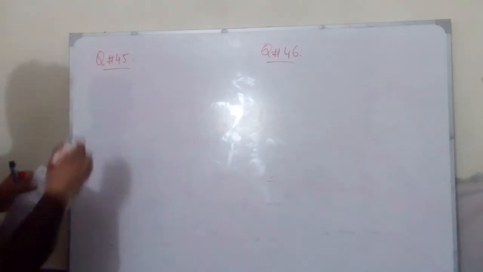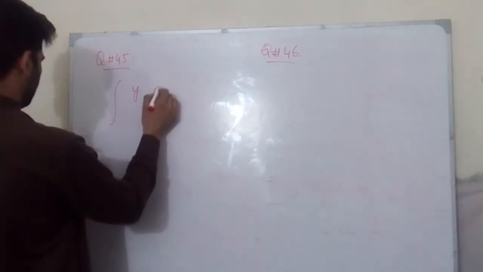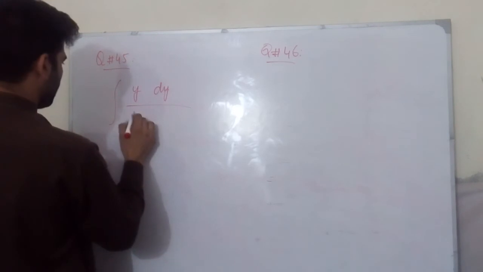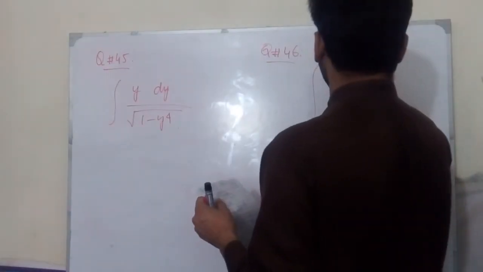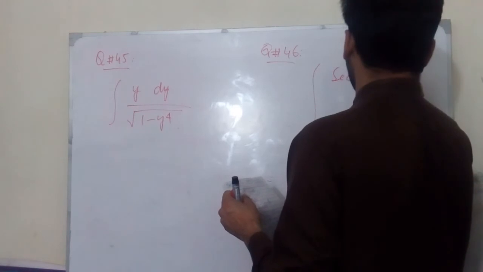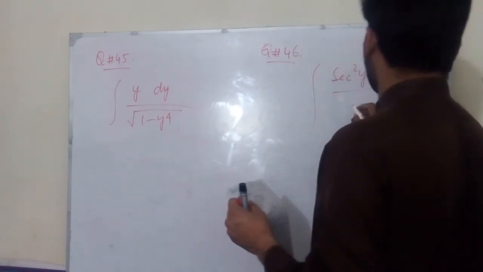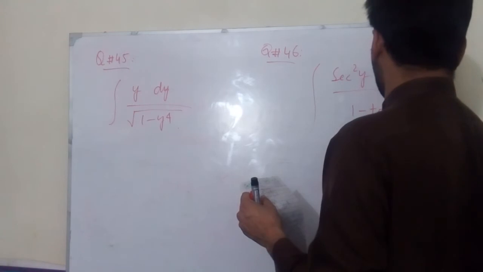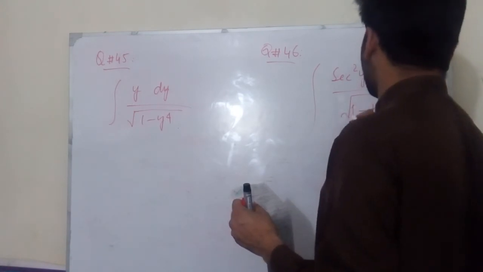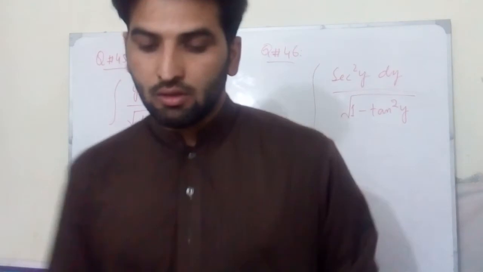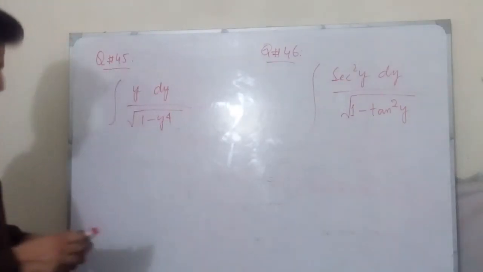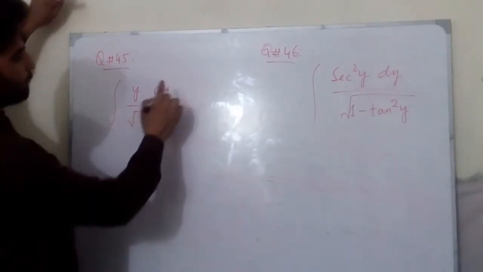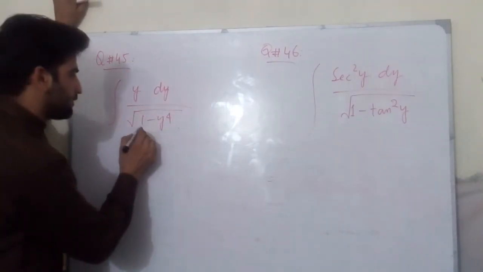Question 45 is integral y dy over root of 1 minus y to the fourth. And question 46 is integral secant square y dy over root of 1 minus tangent square y. So these are two questions. Now look at the first question.